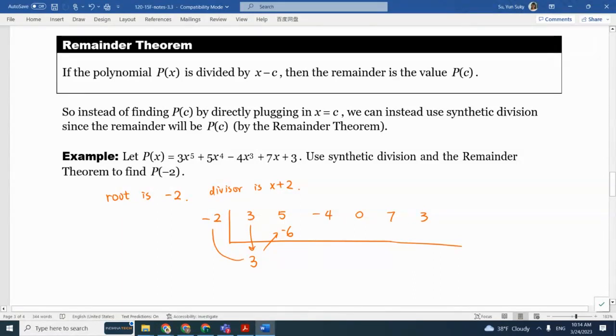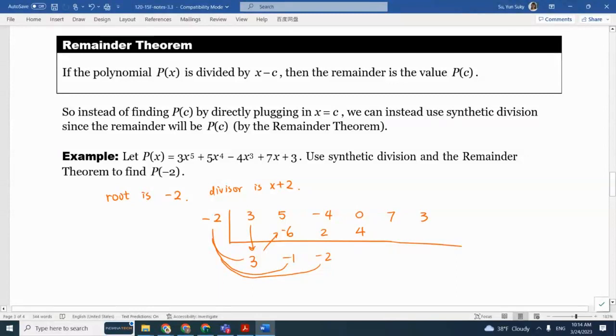Diana, 5 plus -6 is -1. -1 times -2 is 2. Haley, -4 plus 2? -2. -2 times -2. Yes. 4.